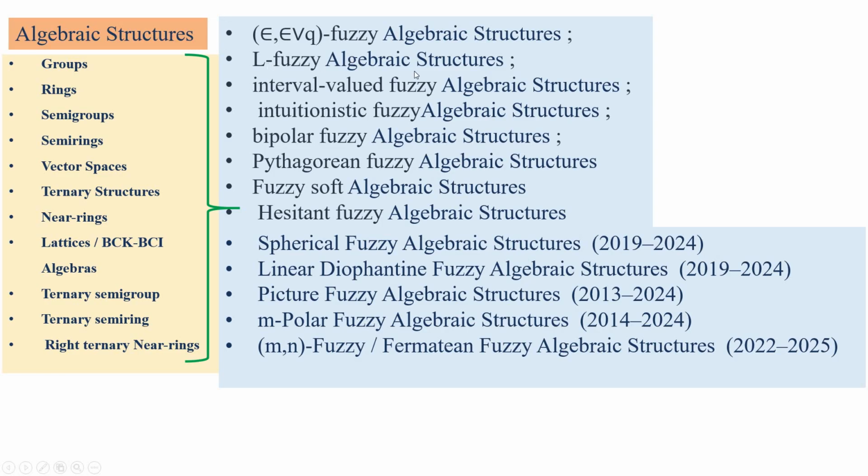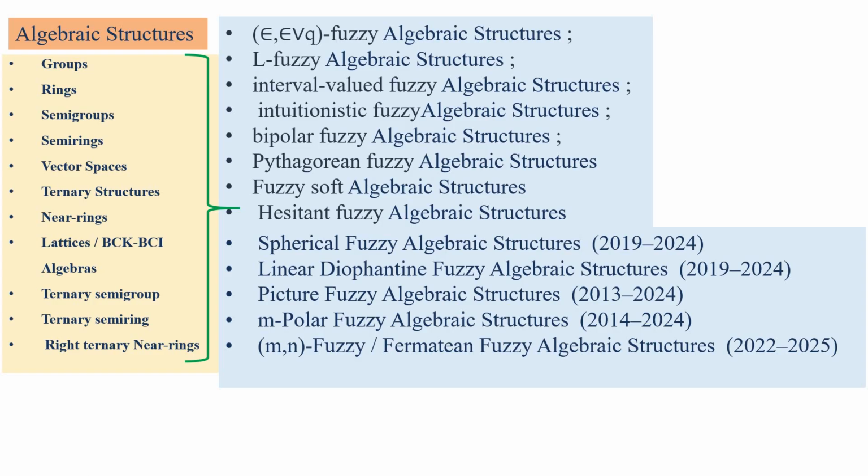Okay, so then L fuzzy algebraic structures, again the same thing. In this algebraic structure, whatever it is, that must be put here, and you can work on it. And many of them are over. You can find a lot of research papers, or even in Shodh Ganga, the reservoir of theses.